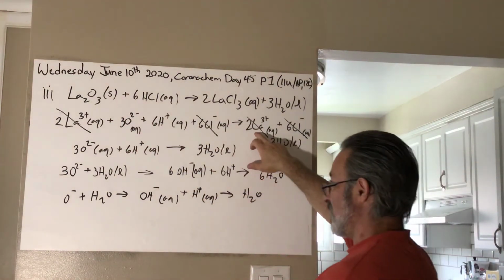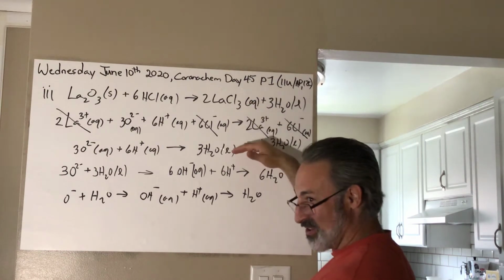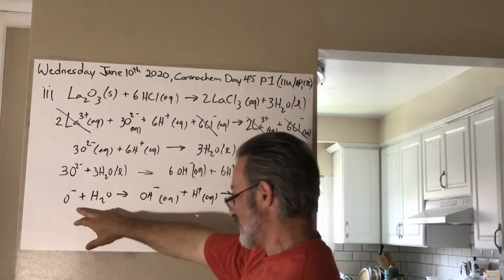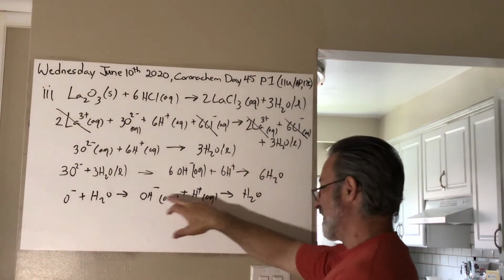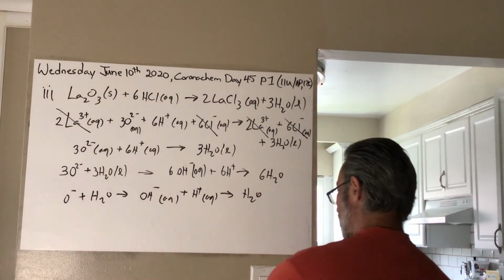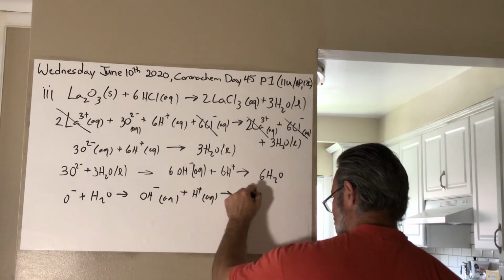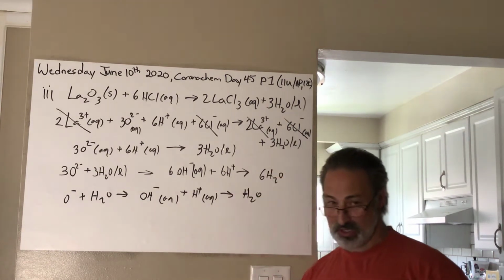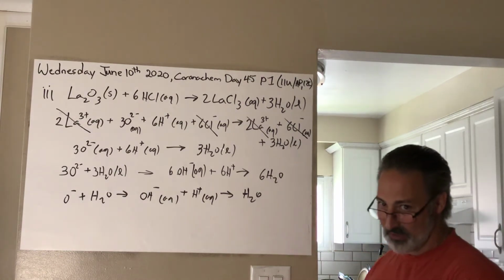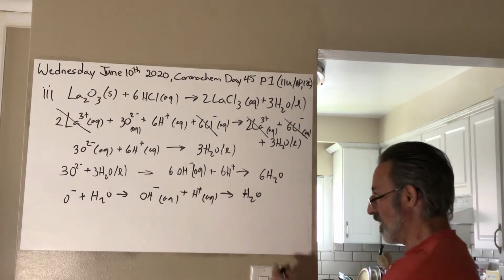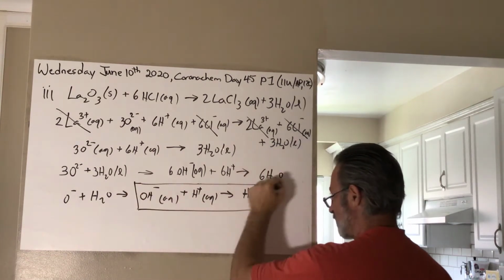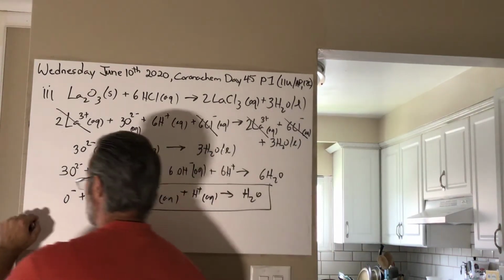Because it produces a soluble salt, it doesn't actually appear in the net ionic equation. The actual reaction is between hydroxide and proton to form water, which is what all acid-base reactions basically reduce to. This is your net ionic equation for part 3. It actually leaves it right out of the picture.